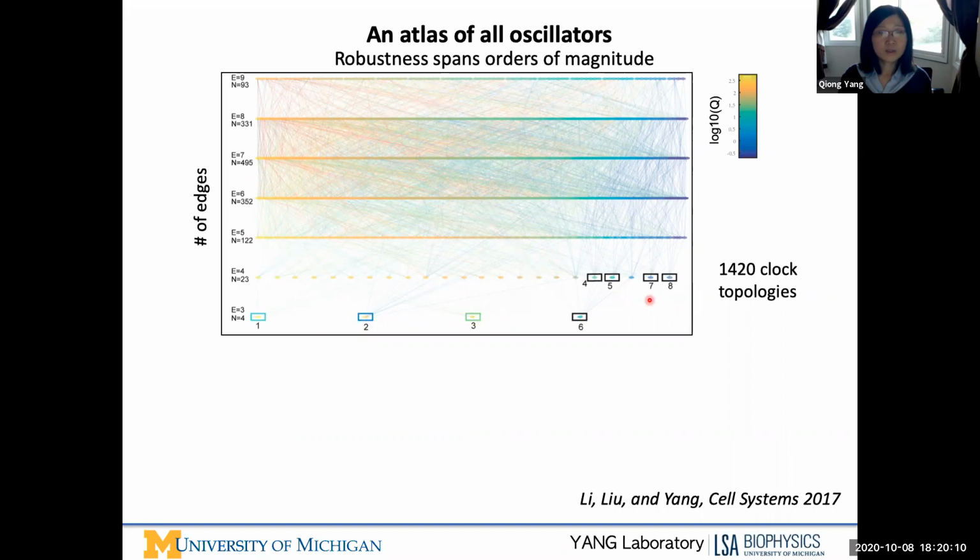So the first question we wonder is, first of all, we know that this log Q10, the Q value again, is representing the robustness. And we see that when we sort robustness from highest on the left to lowest on the right, there are orders of magnitude difference.